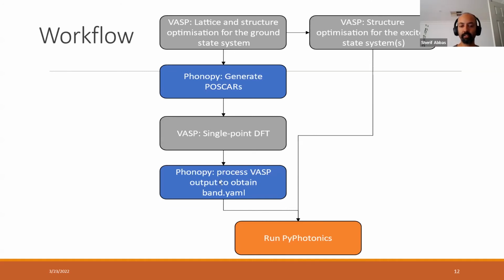That's really the only file out of this entire process that PyPhotonics is going to look for. Eventually, PyPhotonics needs the band.yml file from phonopy, the QUANTCAR for the ground state, the QUANTCAR from the excited state, and that's it. That's all it needs. Once it has those, then it can produce its outputs.